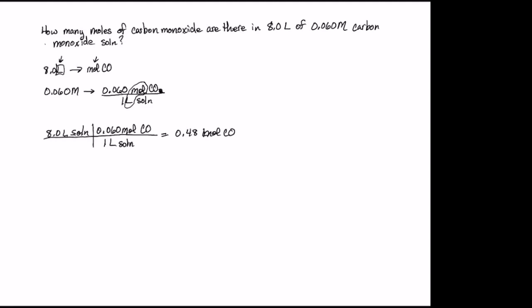So in our answer we have 2 significant figures times 2 significant figures divided by an unlimited number of significant figures. 2 was our smallest, and therefore we write the answer to 2 significant digits. So it would be 0.48 moles of carbon monoxide.